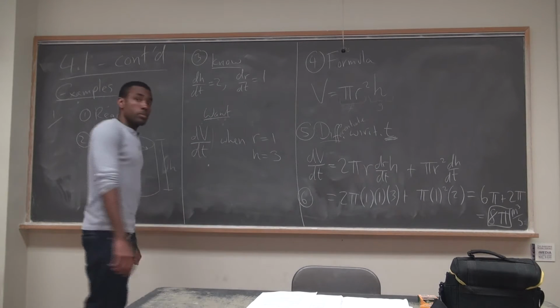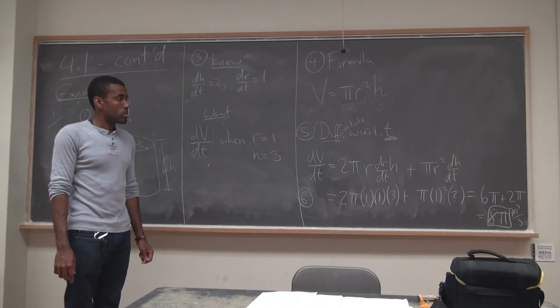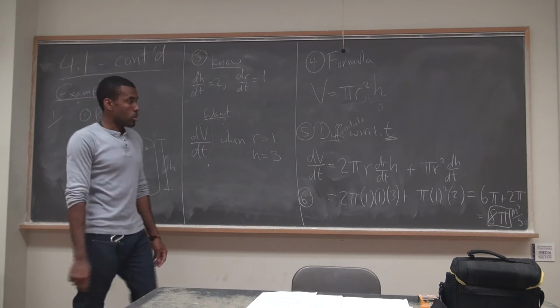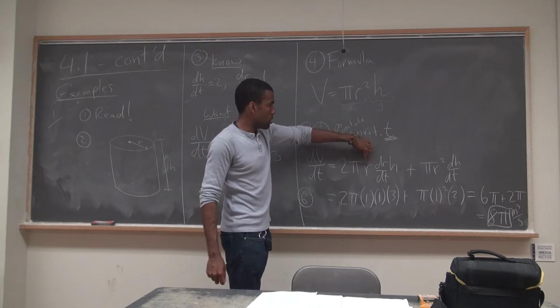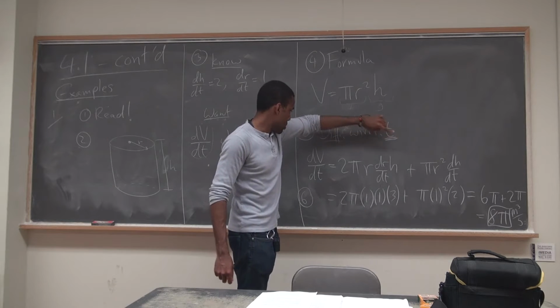Any other questions? That's where you get the units at the end, which you put back in, right? Right. If you didn't keep track of dr/dt, you wouldn't know what your units are. So this would be in meters, this would be in meters per second, that would be in meters.